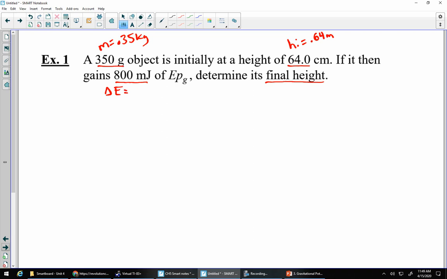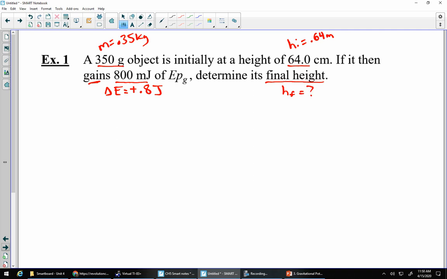I'm going to say that's equal to 800 millijoules, or 0.8 regular joules, so I divide by 1,000 to get it into joules. Since it is gaining 800 millijoules, I put that change as a positive 0.8 joules. And then determine its final height, HF, that is our question mark.